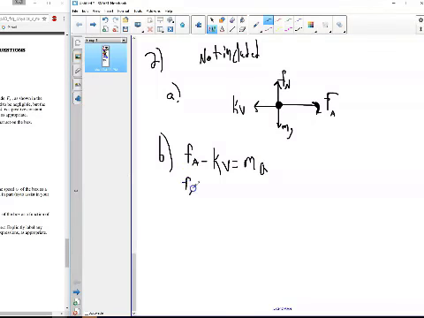And we know that FA minus KV is equal to M.